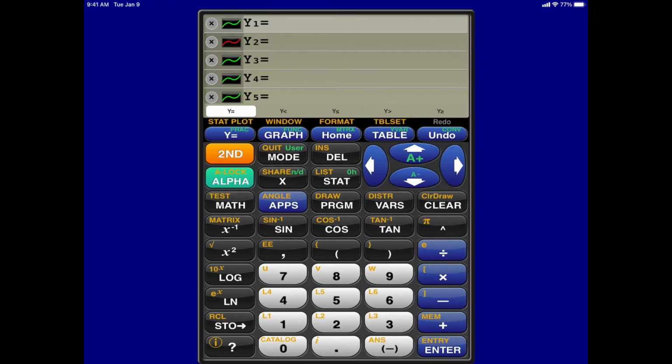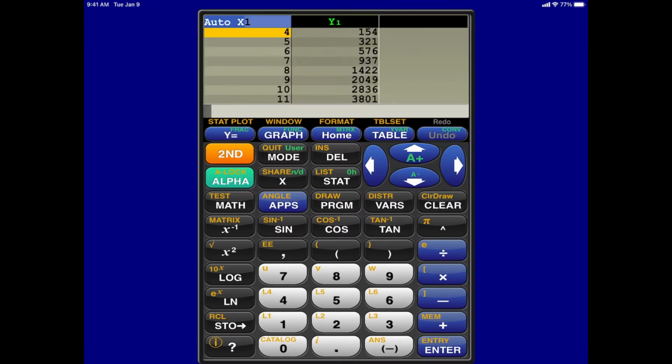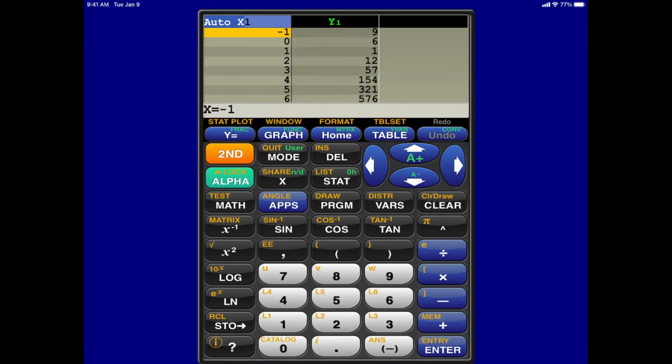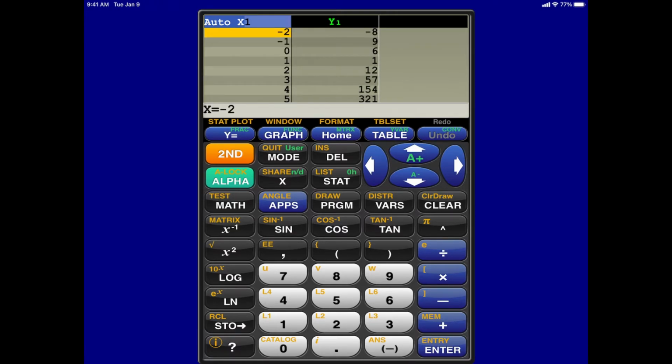So I have 3x cubed minus x squared minus 7x plus 6. And then I can do table, and we were putting in a -2. And you'll see there that it says it's a -8.